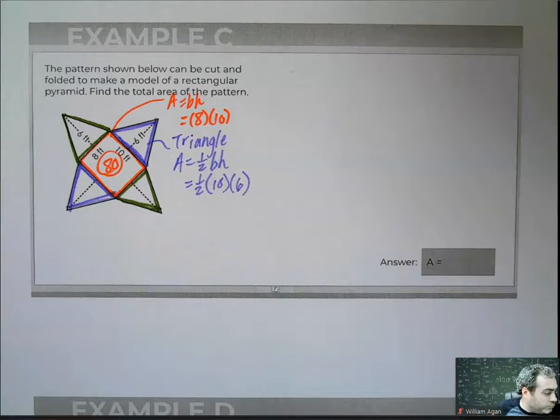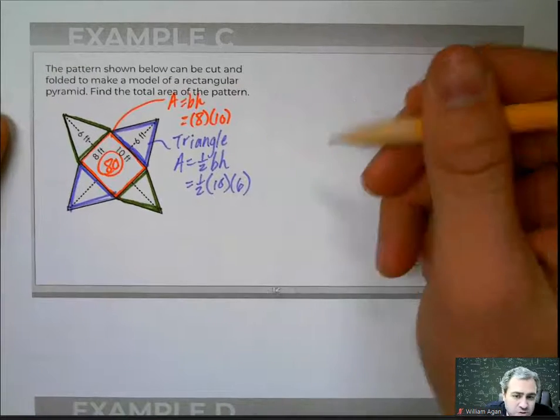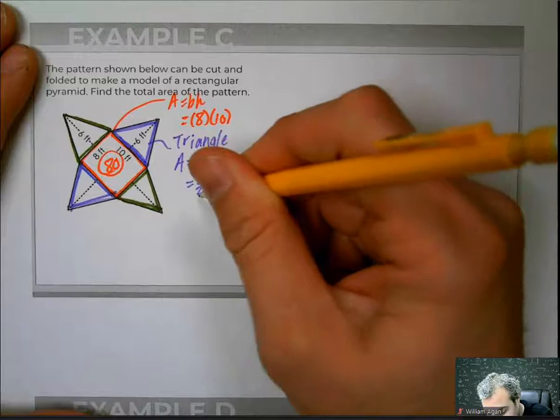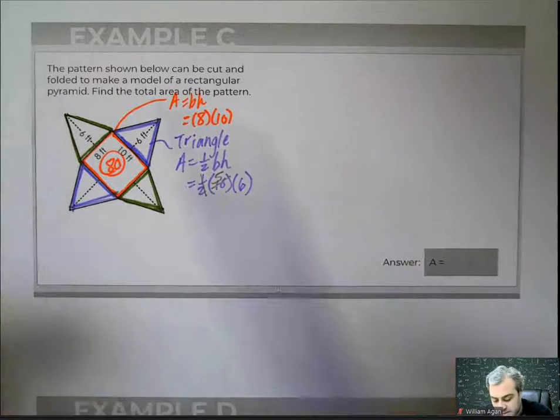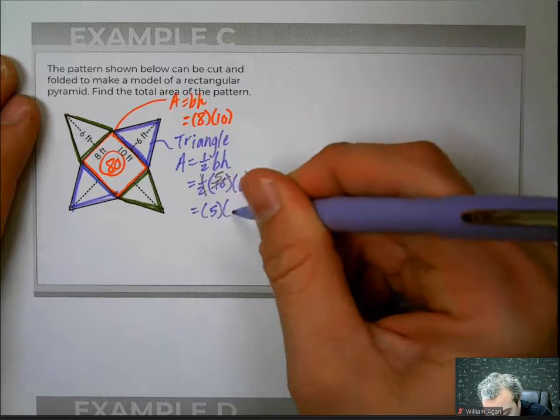It is 1/2. So that means I need to find something to divide by 2. It has to be an even number. And they're both even, so go for the bigger one. 10 divided by 2 gives me 5. And now that fraction is gone. Now I am just left with 5 times 6.